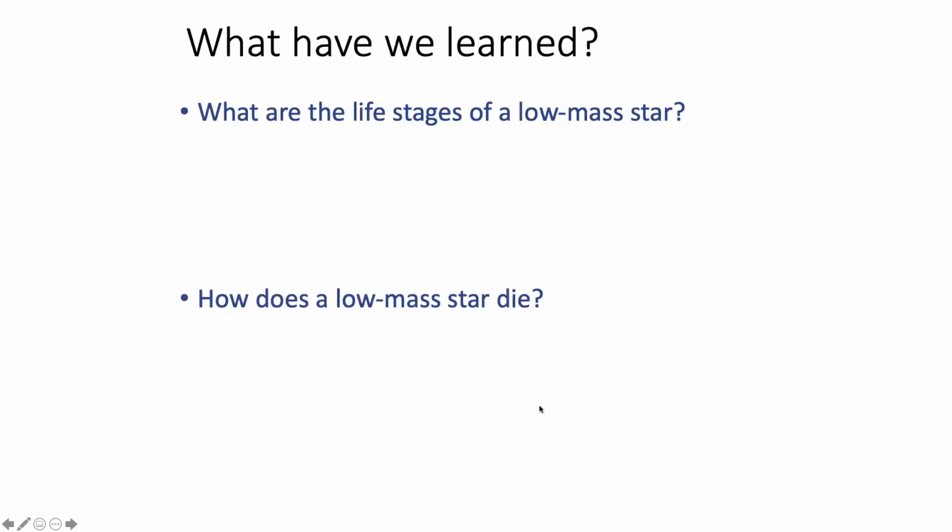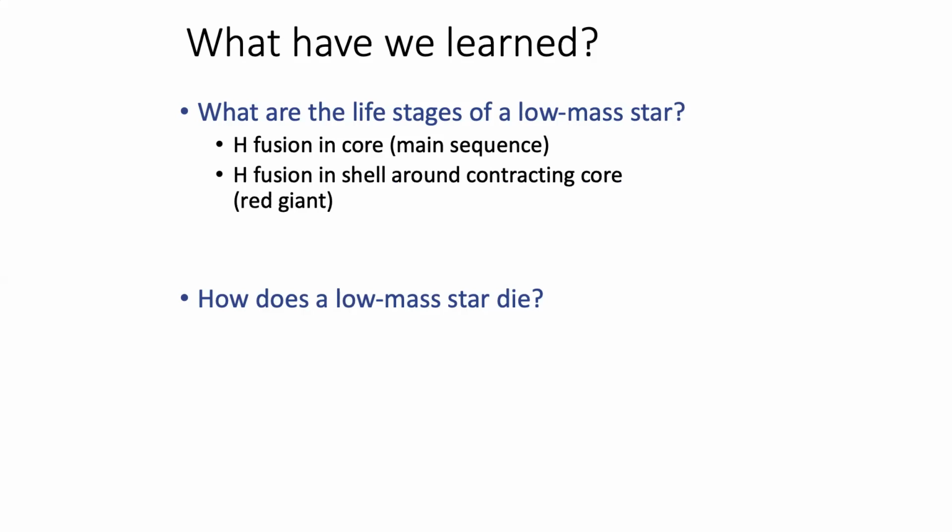So to summarize a little bit about what we've talked about, the life stages of a low mass star. First, you have that hydrogen fusion happening in the core, which makes it a main sequence star. All stars begin on the main sequence. Then you end up with hydrogen fusion happening in that shell around the inert helium core, which is contracting.